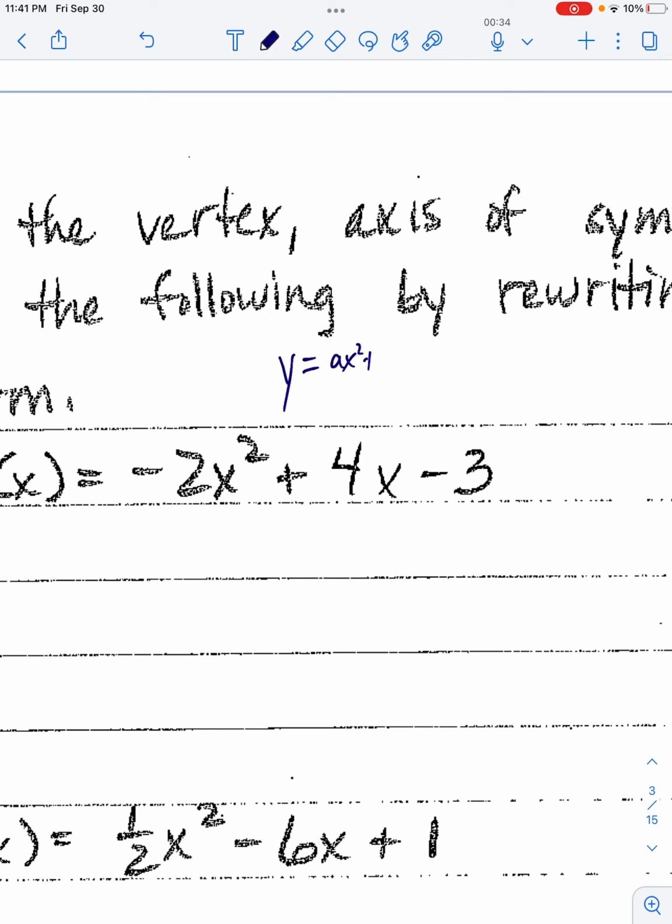So in my additional step here, I first have to go from standard form to vertex form.